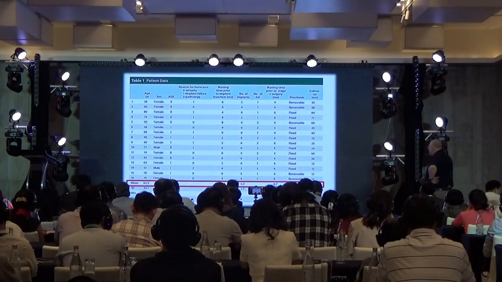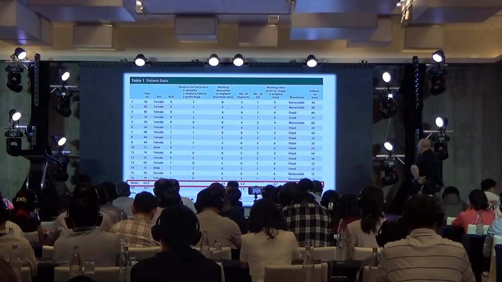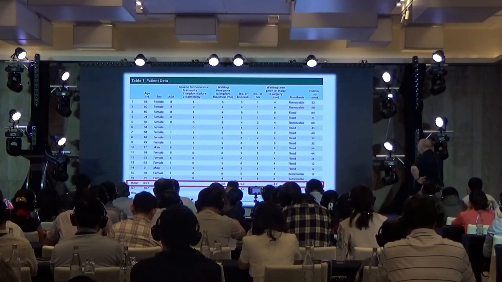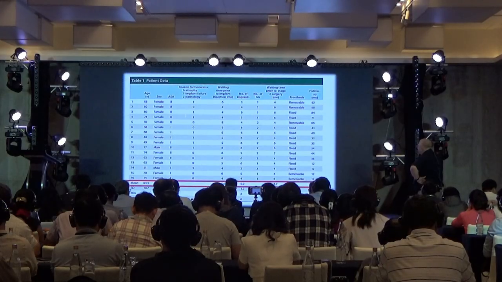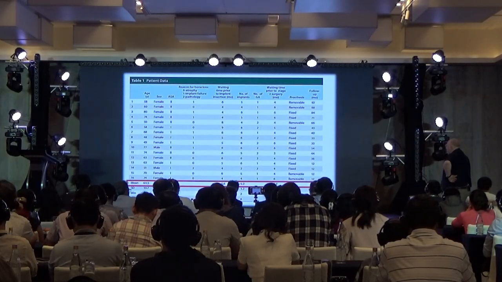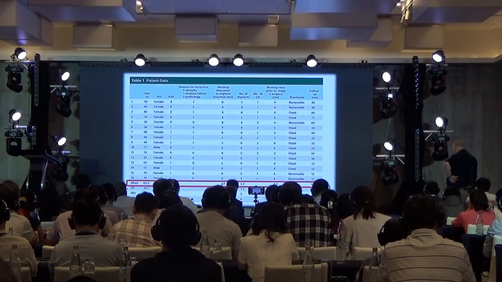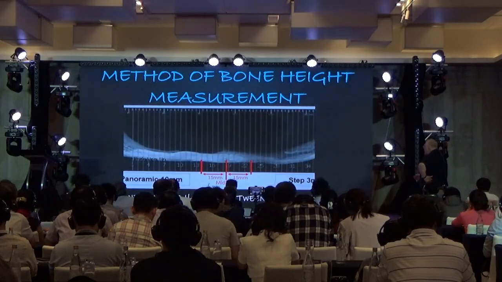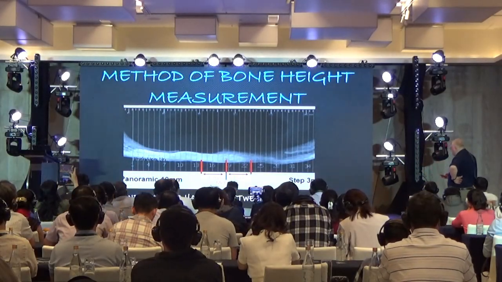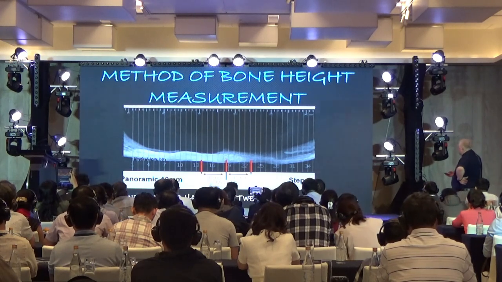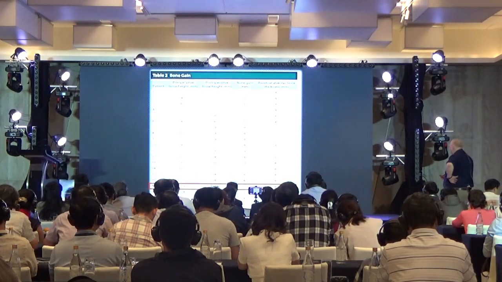In general, we waited between 4 to 6 months. Most of the cases were, as you see here, implant failure. And we took those measurements, midline and 15 millimeters from midline, to understand how much bone we gained.